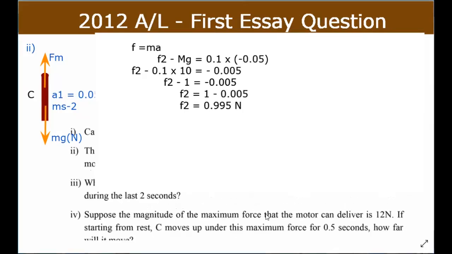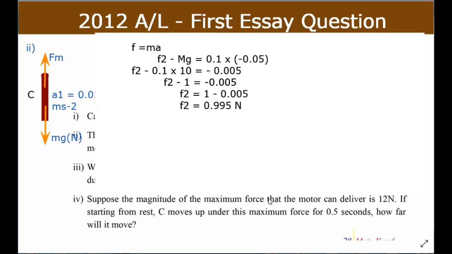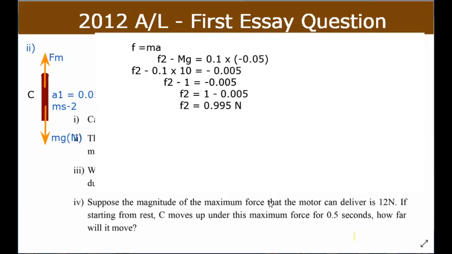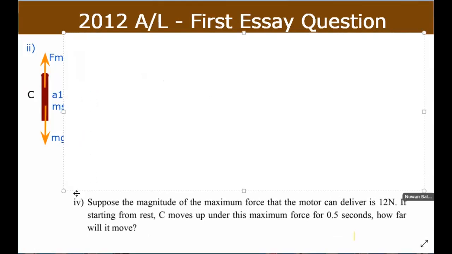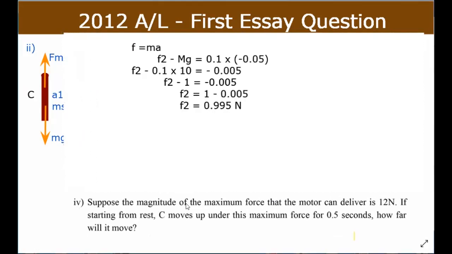Now let's try for Roman number 4. Suppose the magnitude of the maximum force that the motor can deliver is 12 Newton. Is it 12 Newton or 1.2 Newton? Let me check the question paper one more time because there were many typing mistakes.